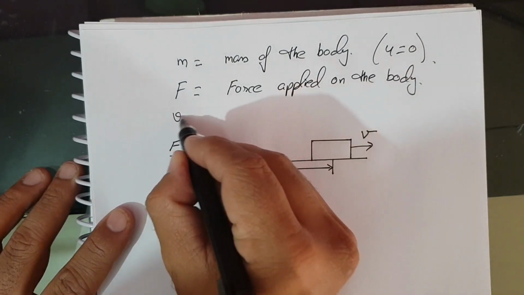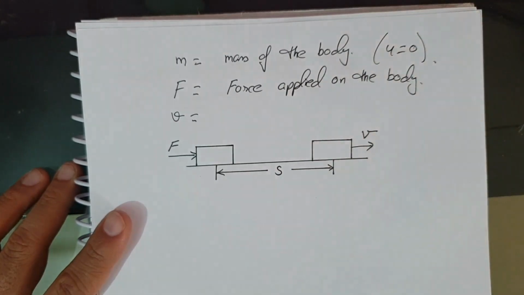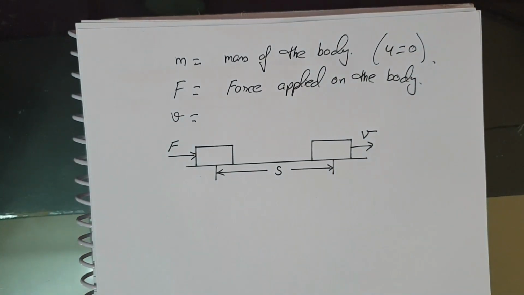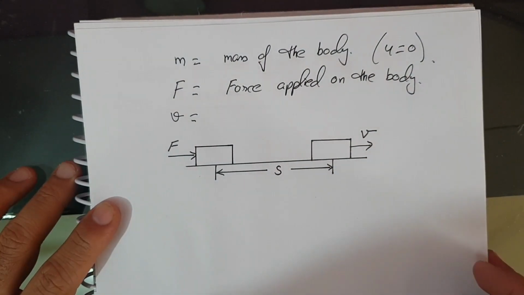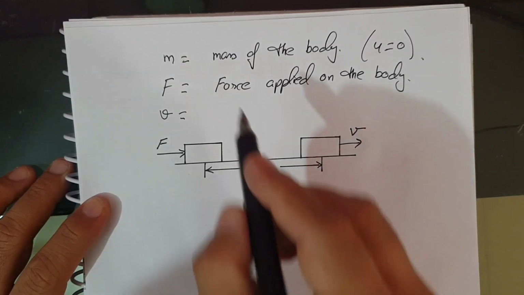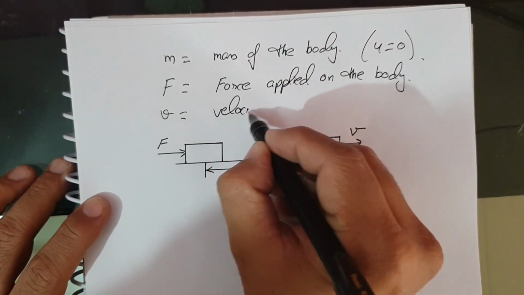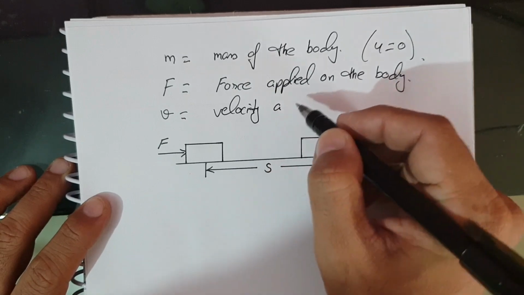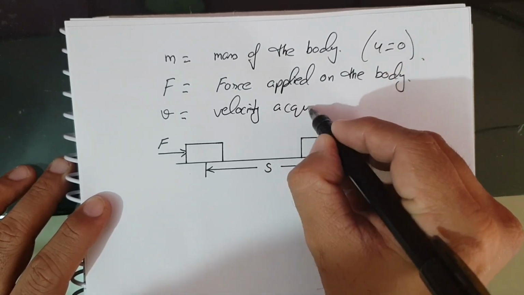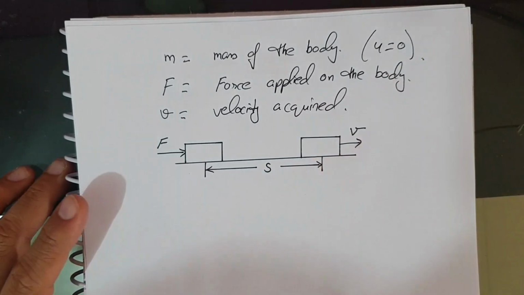And let v be the velocity acquired by the body in moving through the distance s. This v is the velocity acquired by the body.